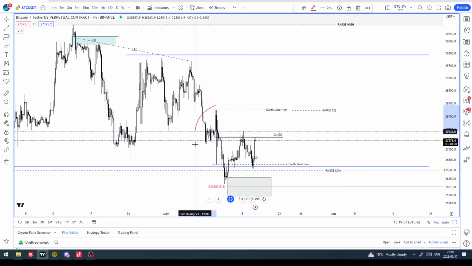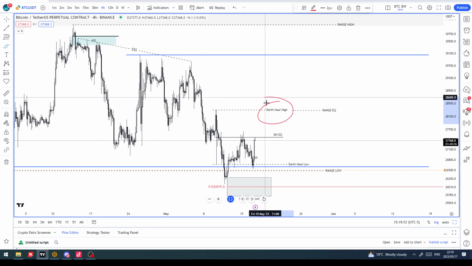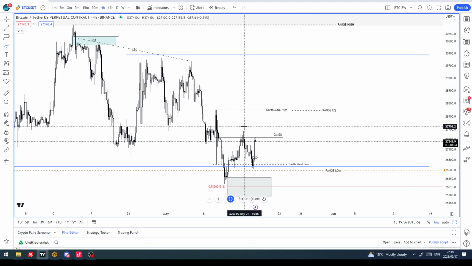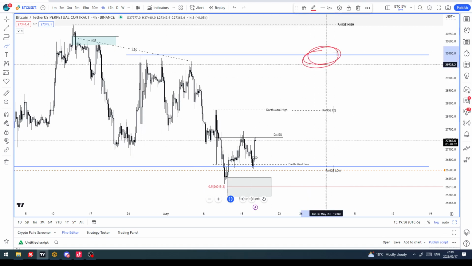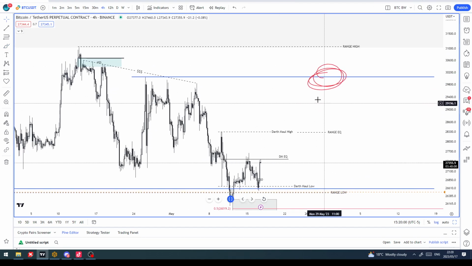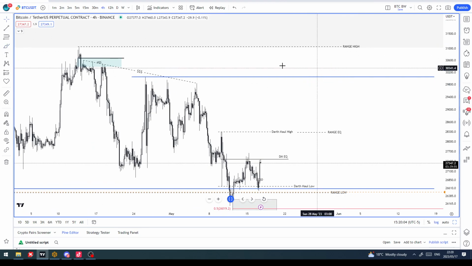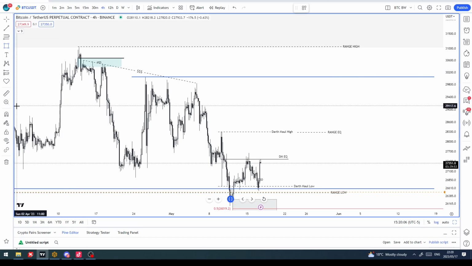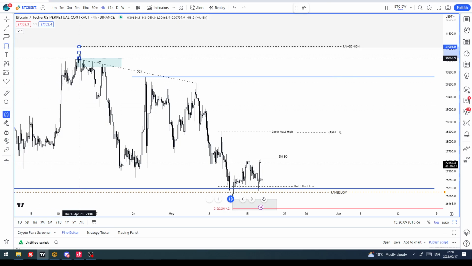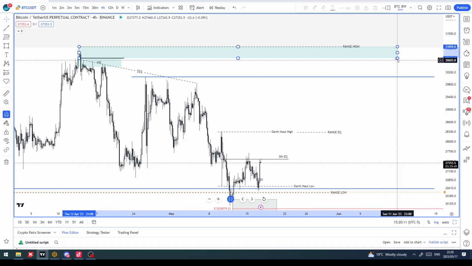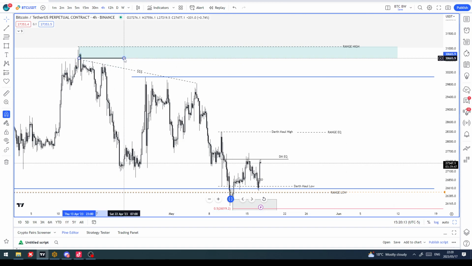Besides me playing around with this smaller range and this Darth Maul candle high and low, we want this one. At least that one. If we get that one, then we can entertain the fact of the OB being raided all the way up here. There. I can die in peace after that.